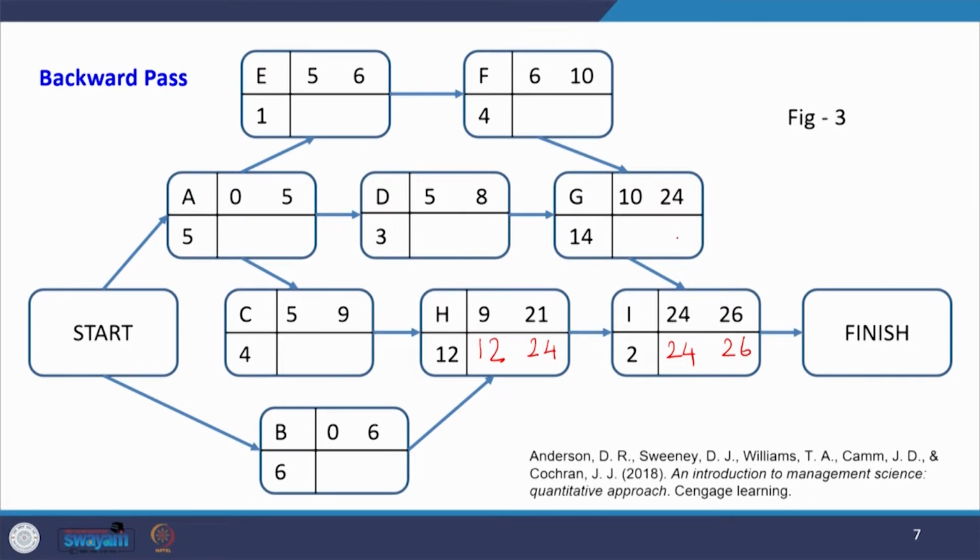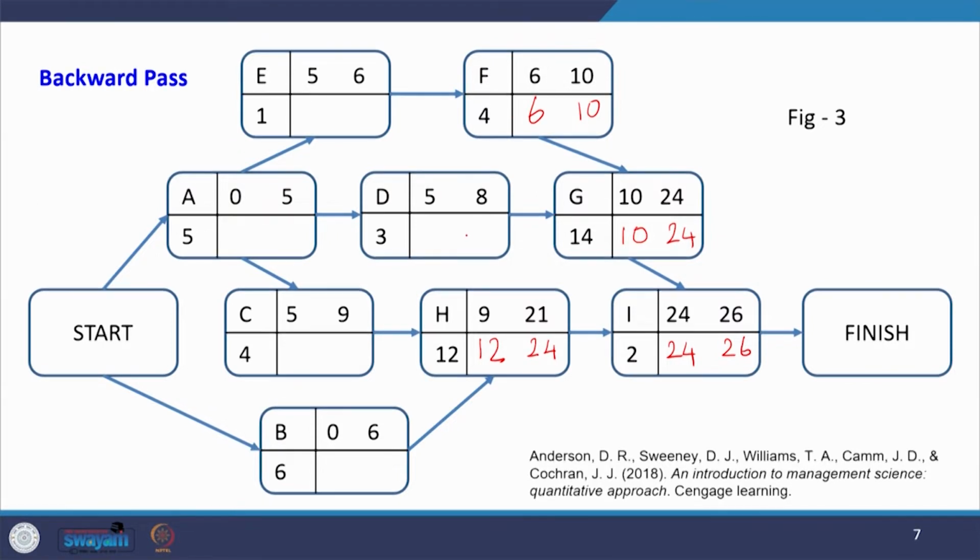When you come here to activity G, the latest finish time is 24, and 24 minus 14 is 10. For activity F, the latest finishing time is 10, and 10 minus 4 is 6.